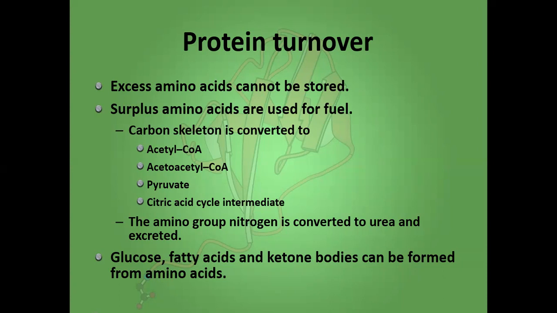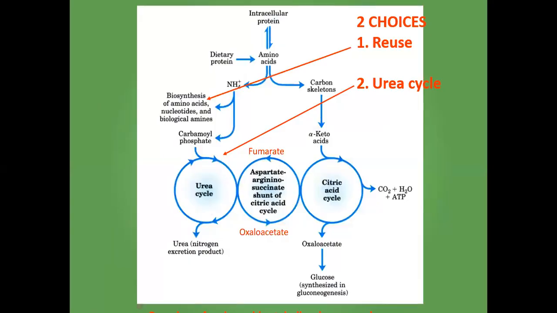The carbon skeleton of excess amino acid is also converted to acetyl-CoA, which gives rise to the formation of ketone bodies. And the nitrogen group of the amino acid is the source of urea. So glucose, fatty acids, and ketone bodies can be formed from the amino acids also.